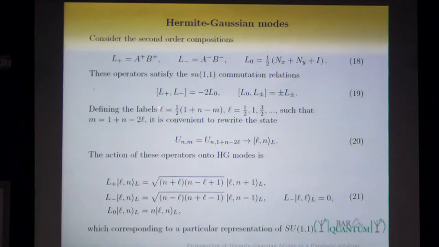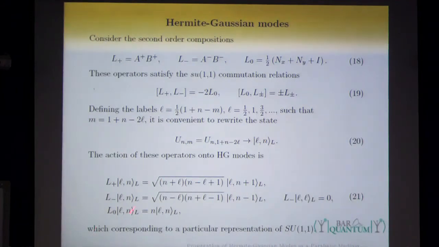To analyze the action of these operators on the Hermite Gaussian beams, we define a new label called l, in terms of the n and m labels. So here we can see the Hermite Gaussian beams, labeled by n, m levels, and now in terms of the new label l.